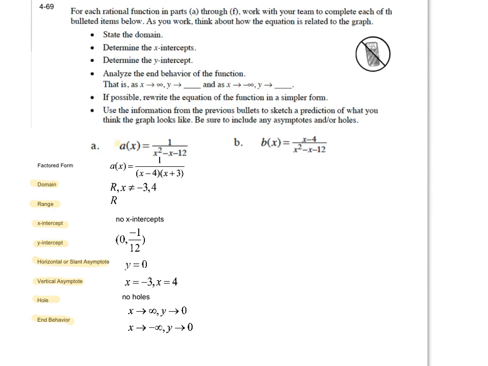So let's start by analyzing a of x equaling 1 over x squared minus x minus 12. We always start out by writing this in factored form. That's going to help us analyze and determine holes and vertical asymptotes. So a of x equals 1 over x minus 4 times x plus 3.